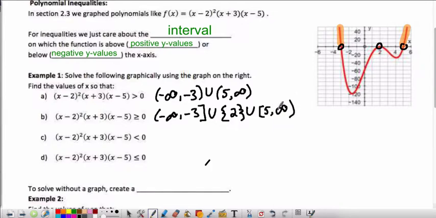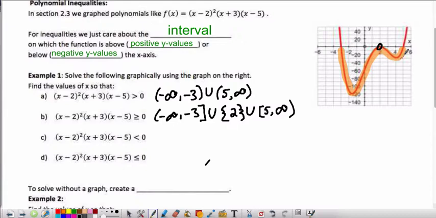Okay, now we're looking for where the function is less than 0. So I'm going to highlight all that. And all of this is less than 0, except where it's actually at 0. If that's 0, then it's not less than 0. So we have two chunks here.